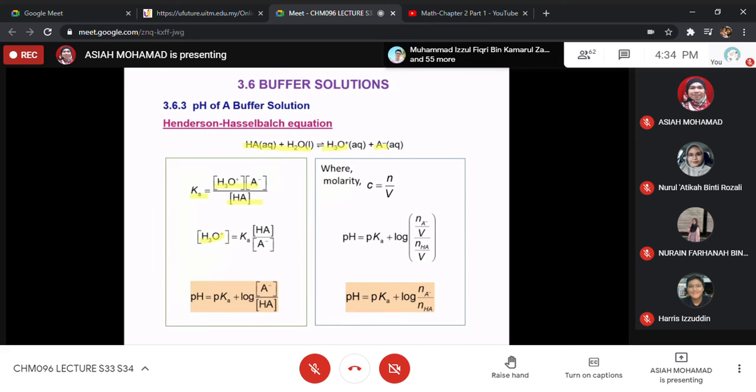Taking negative log on both sides, you will get pH, which comes from negative log hydronium ion, equal to pKa plus log of the base species over the acidic species.